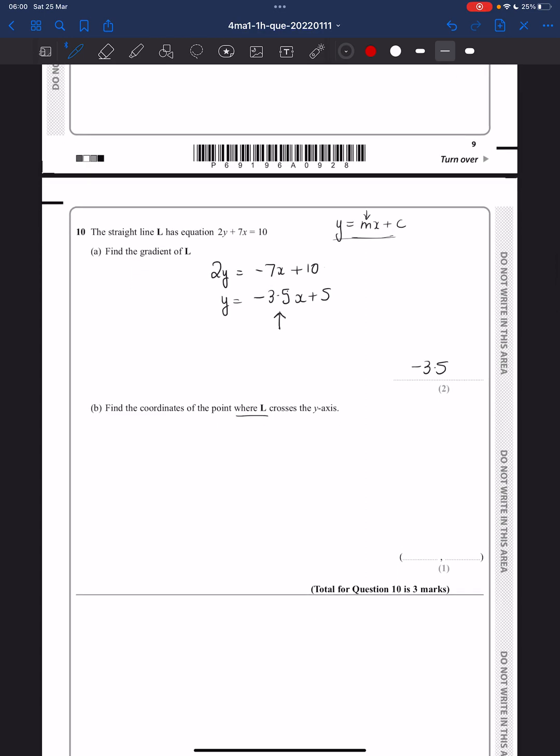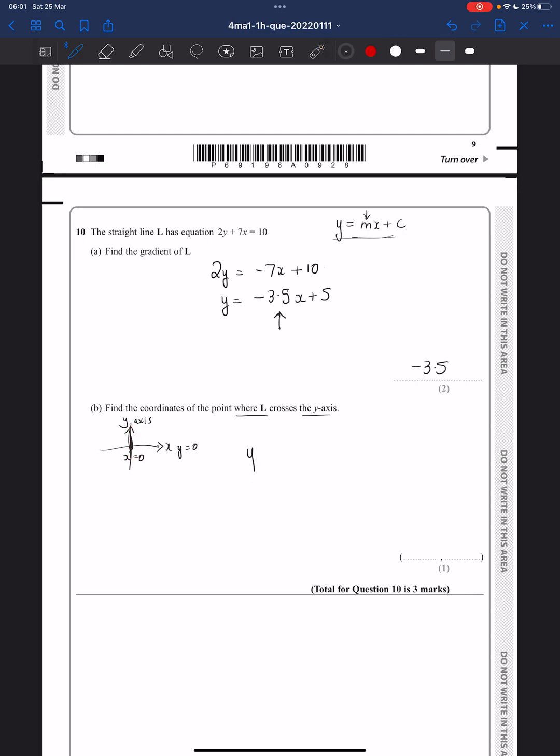And when the line crosses the y-axis, if you think about the y-axis, it has got x equals 0. Along the y-axis, over here x is positive, over here x is negative, so along the middle, x is 0.